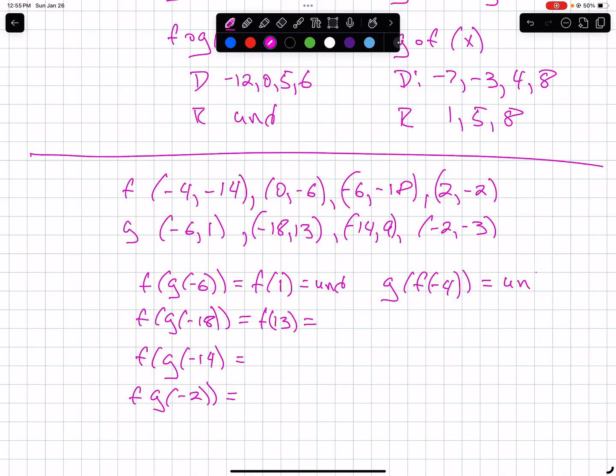And there's no 13 up here, so we say undefined. So when I do negative 14, I get F of 9, which is also undefined. And G of negative 2 is negative 3, and there's no negative 3 up there either. So F of negative 3, there's no negative 3, so that's undefined.